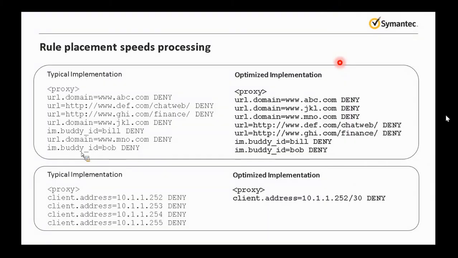Now, for policy optimization, there are a few things. So you prune the policy already, meaning you remove those policies that have not been used. If you're using CPL, there are some optimizations that you can do, such as grouping them together or using a subnet instead of individual IP addresses, because imagine you have 4 rules compared to a single rule.